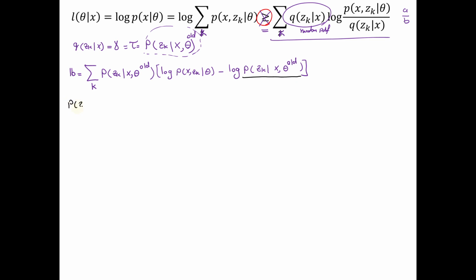Our responsibility, zk given x theta old. Let me know what rule I'm using here. Denominator, I'm going to use p of x theta old. Numerator, I'm going to use p of zk, x theta old. What is this rule?